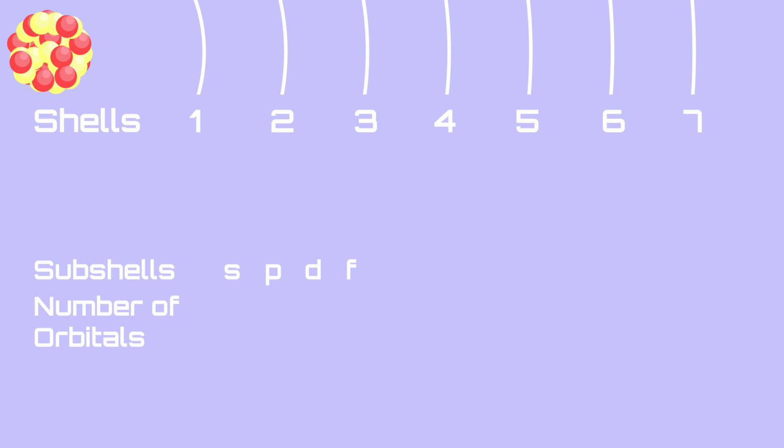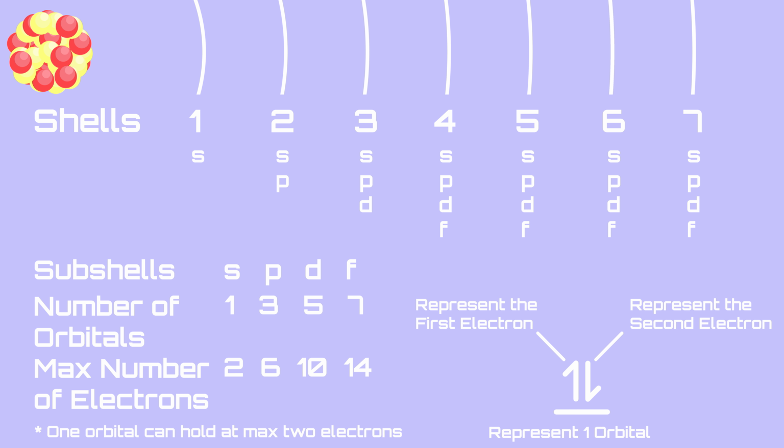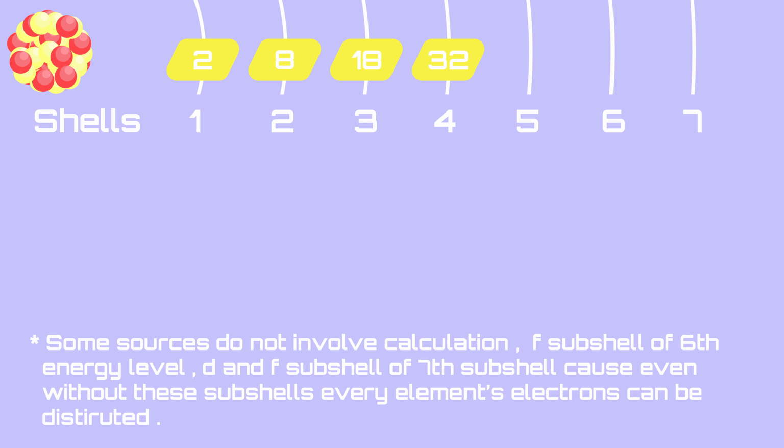Subshells have different numbers of orbitals. s has 1, p 3, d 5, f has 7 orbitals. An orbital can hold at most 2 electrons. The first shell can hold at most 2, the second 8, the third 18, the fourth 32, the fifth 32, the sixth 18, and the seventh 8 electrons.